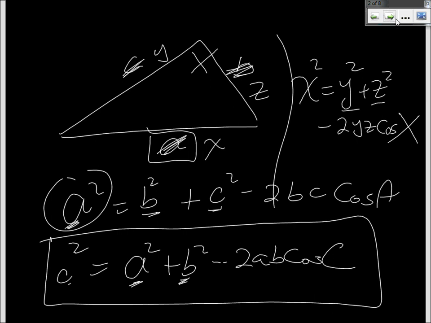That would be angle x because it's opposite x. That would be angle z because it's opposite z. And that would be big Y because it's opposite side y. So there's the law of cosines.